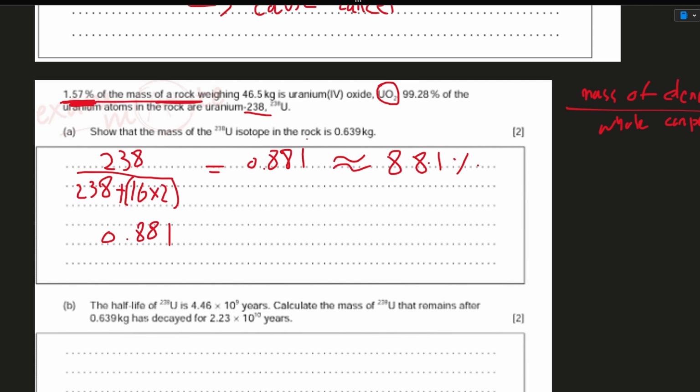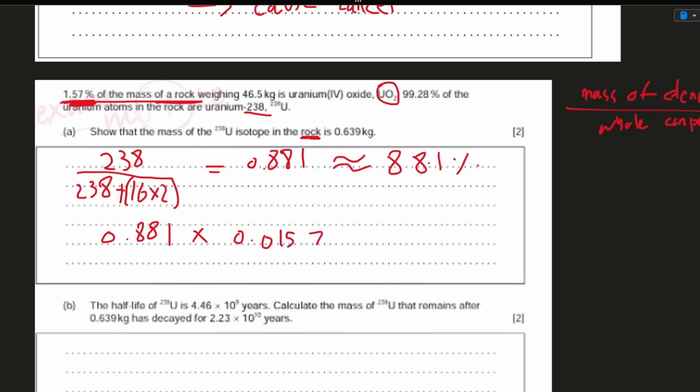Because we're looking at just the rock itself. We're not looking at just this compound. So we'll multiply it by that percentage of the rock. So we just divide this by 100, which is 0.0157.